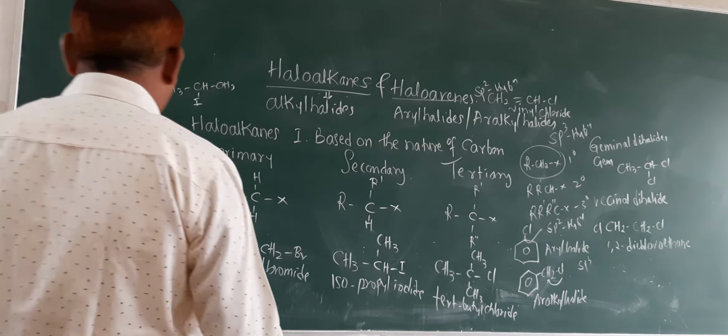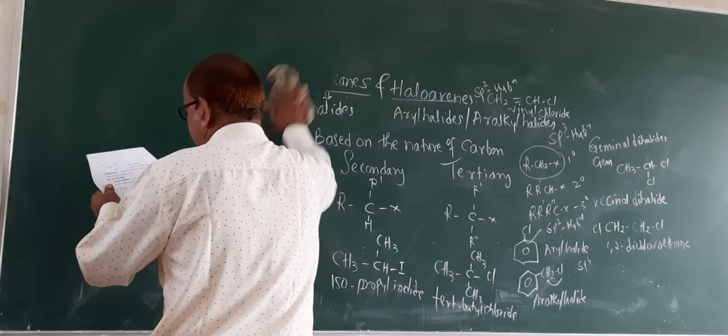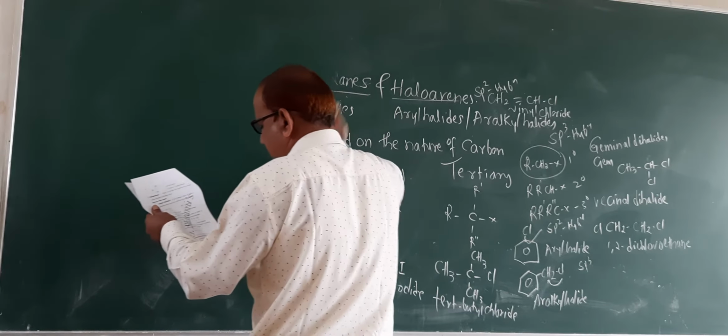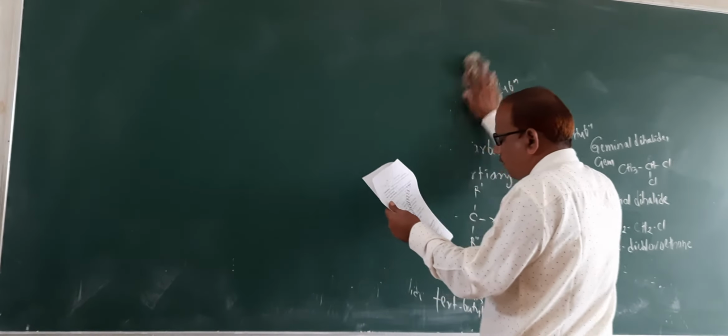Okay. The second type of classification for the haloalkanes is based on the type of hybridization of carbon.